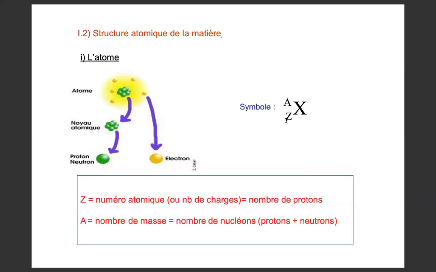Then Z, which is the atomic number, which also signifies the number of protons, which also signifies the number of electrons. Now, it only signifies the number of protons and the number of electrons when it is neutral.